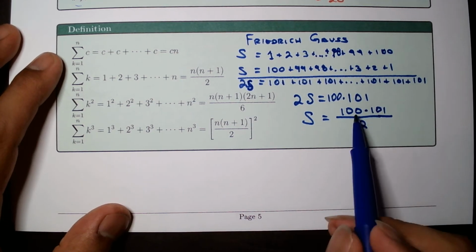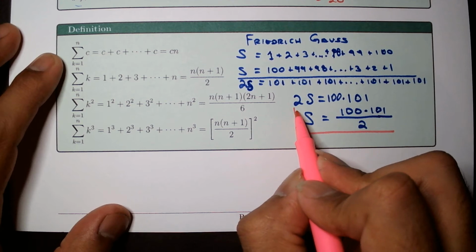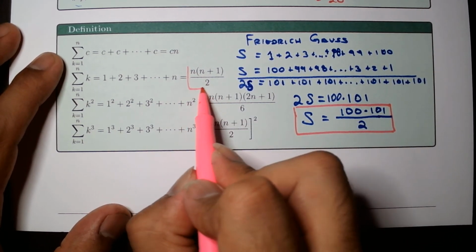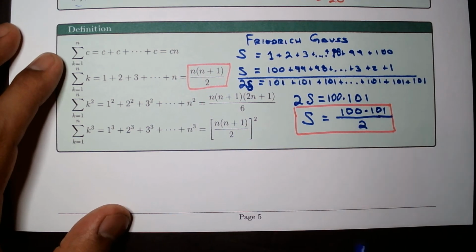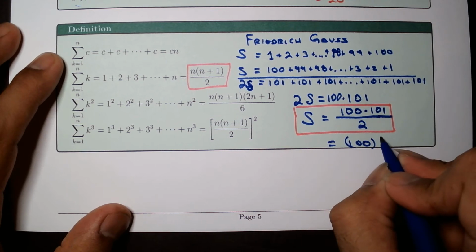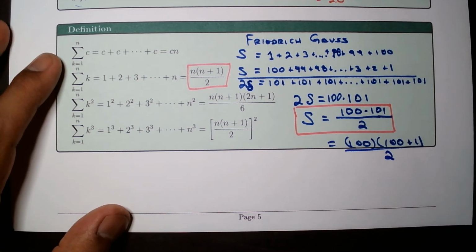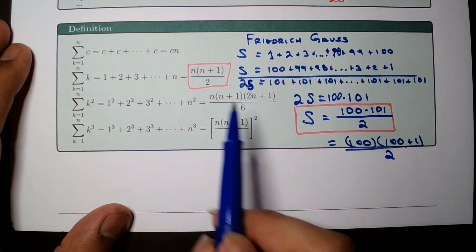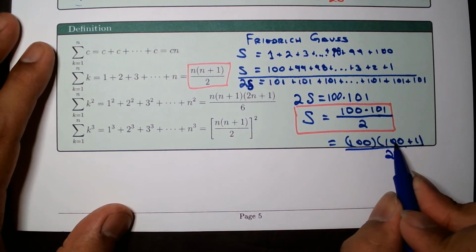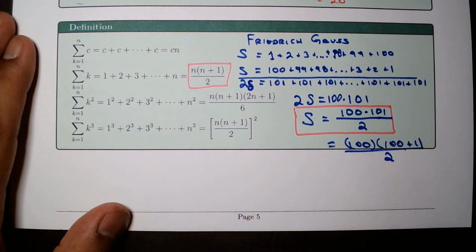Do you see a relationship between this and that? Isn't it the same as 100 times 100 plus 1 over 2? So this is how this formula came out. 100 times 101 over 2, that's the sum of the first 100 integers.